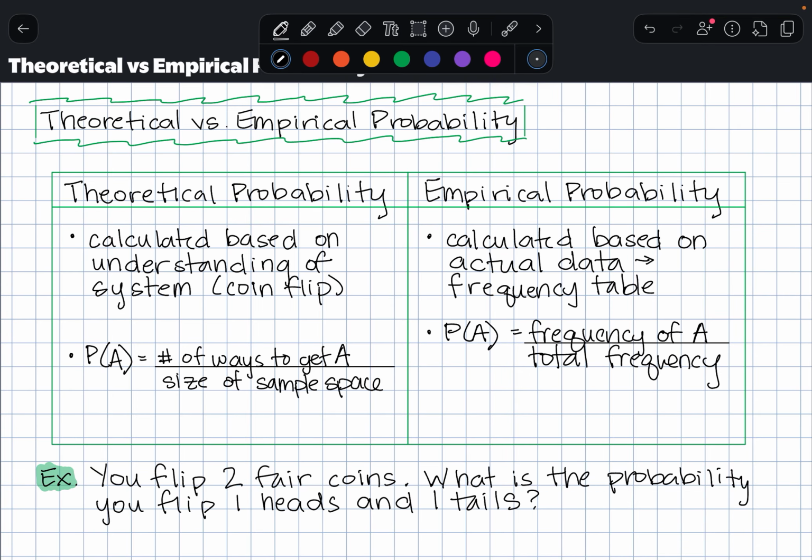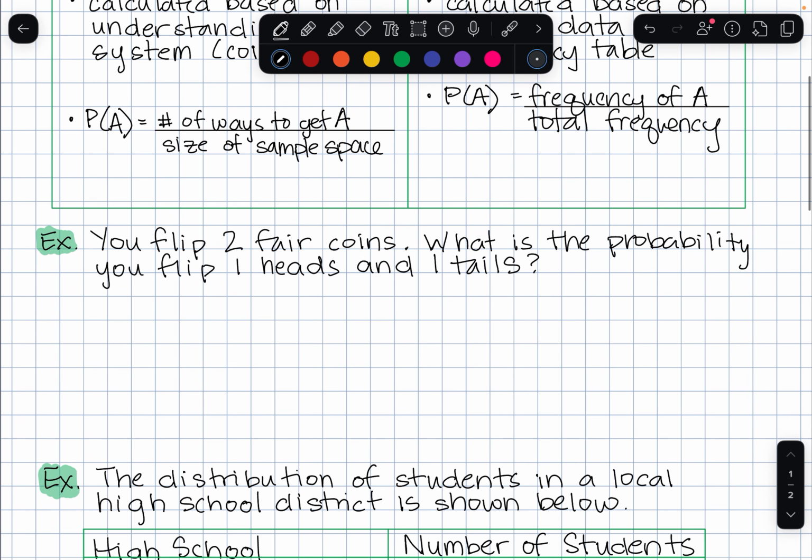And we're going to do two quick examples. So example 1, you flip 2 fair coins. What is the probability you flip 1 heads and 1 tails? So I know this is theoretical. I don't actually have to flip 2 fair coins to figure this out. I know that my sample space, S, I can flip 2 heads, I can flip a heads and then a tails, and then a tails and a heads, or 2 tails.